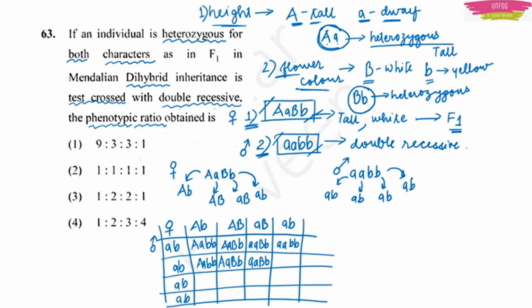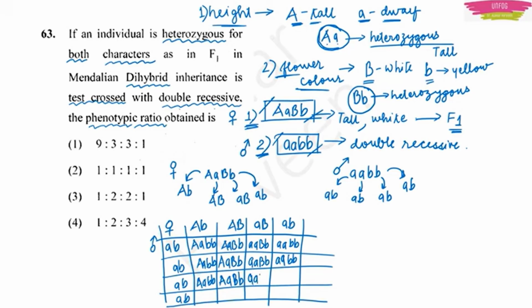You have to be very careful when we are doing a dihybrid cross because you will get confused. So see properly and write down the characters properly. Then next we have small a and small b, small b. Then we'll again cross with this capital A, small b, small b. Capital B, small b.